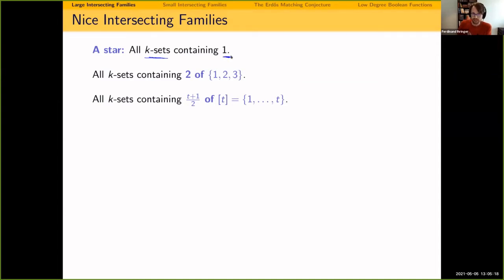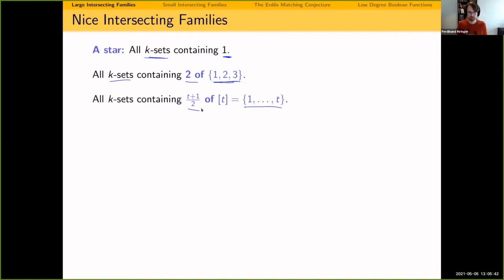We also can have all k-sets which contain 2 out of 3 elements which we fix, like 1, 2, 3. Or we have all k-sets which meet some fixed set of t elements in at least (t+1)/2 elements. And then they must intersect.